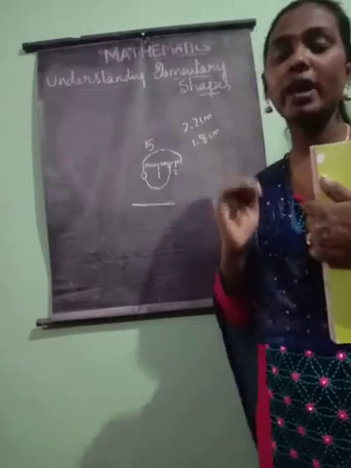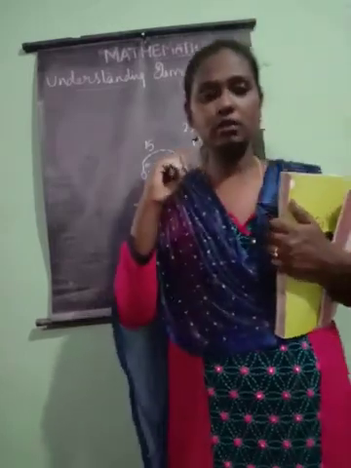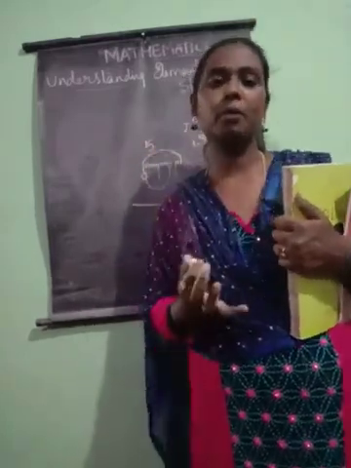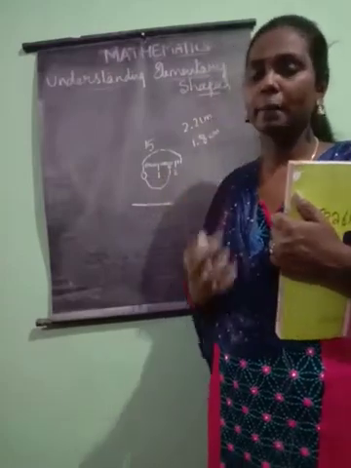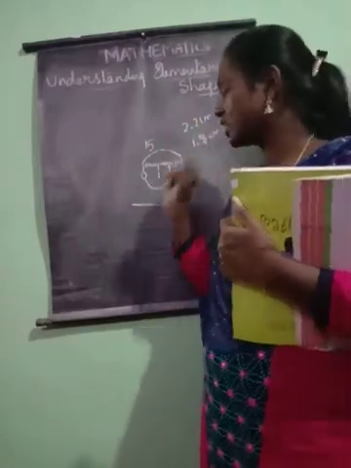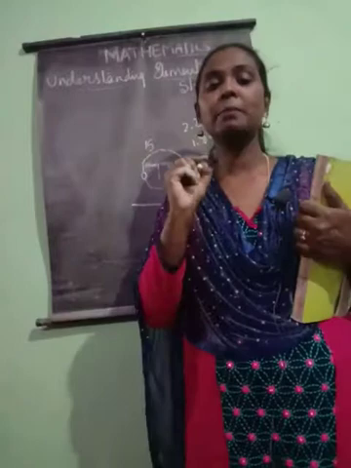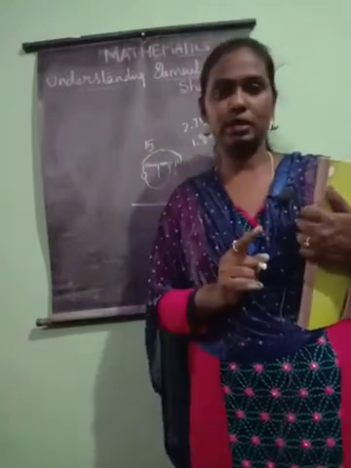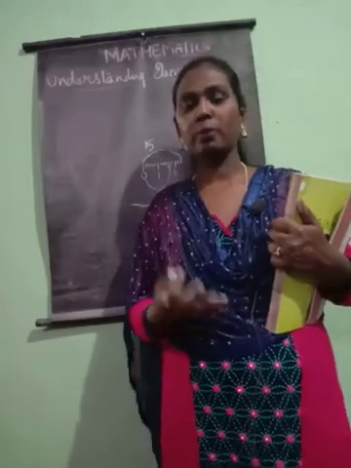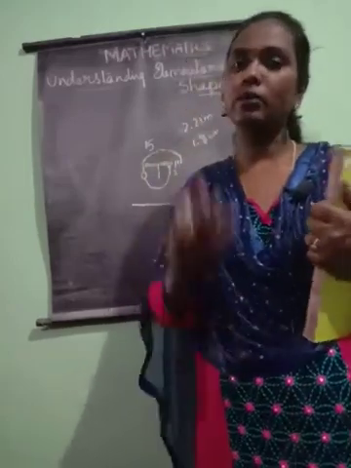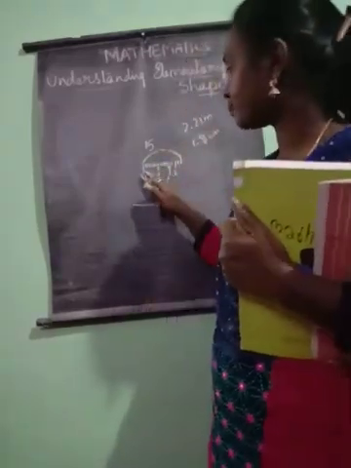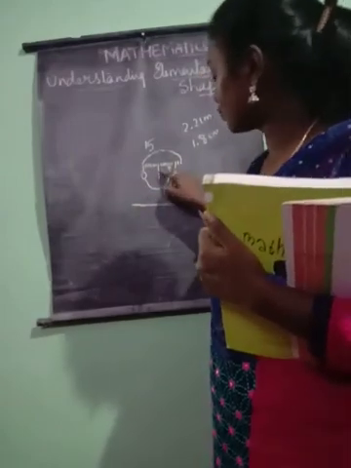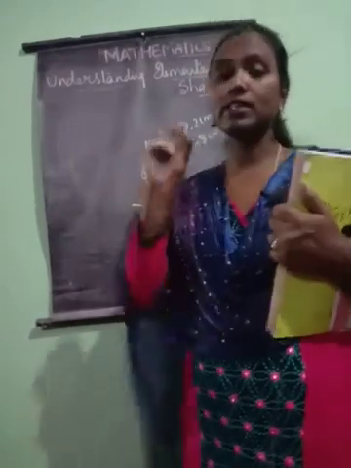This is how we have to learn to measure sides with the help of a ruler. The ruler helps us point out every millimeter. 10 millimeters is equal to 1 centimeter, that we know, by just looking at the small lines on the ruler. We have to count even the small lines.